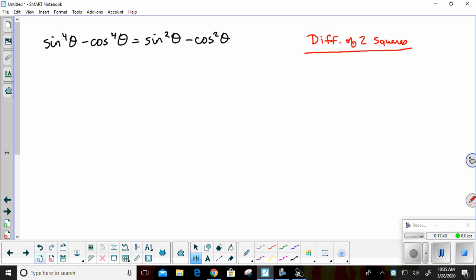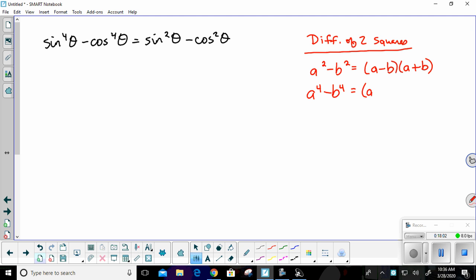Your difference of two squares formula, if you remember, is that if you have a squared minus b squared, that equals a minus b times a plus b. By the same token, if I take that up a notch, if I've got a to the 4th minus b to the 4th, that would be a squared minus b squared times a squared plus b squared.